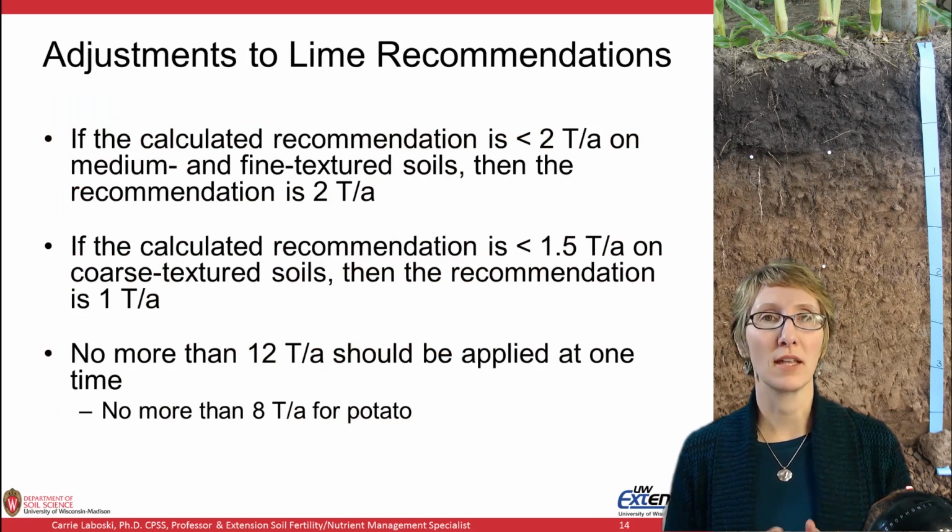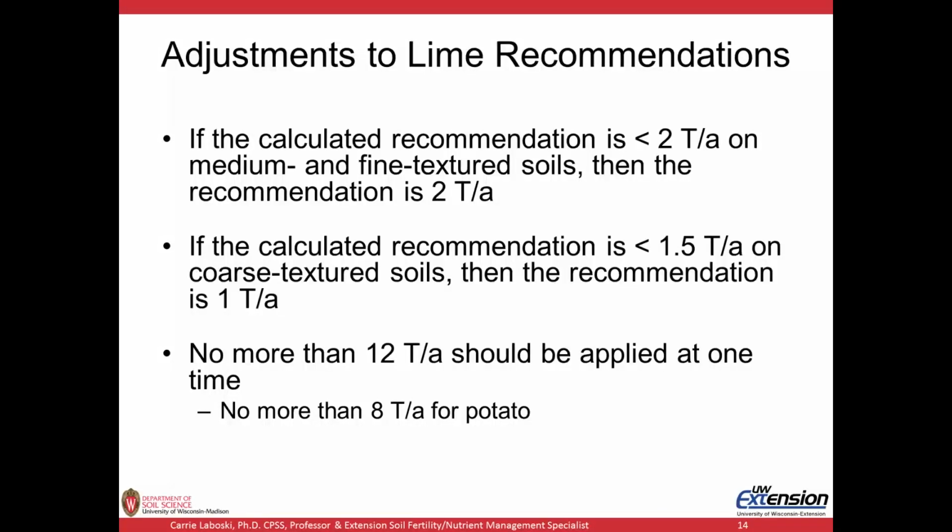So if you've already determined you need lime, so your soil pH is more than 0.2 units less than your target pH, but you have determined that the recommended lime rate is less than 2 tons per acre by that equation, then you should apply 2 tons per acre on medium and fine textured soils. So just to reiterate a different way, on medium and fine textured soils, if you happen to calculate a lime rec less than 2 tons per acre, the recommendation is 2 tons per acre.